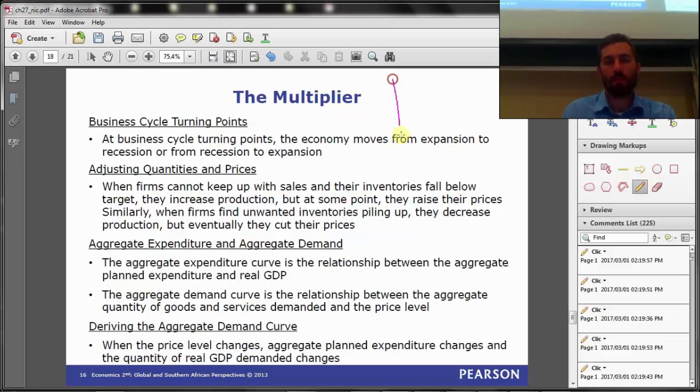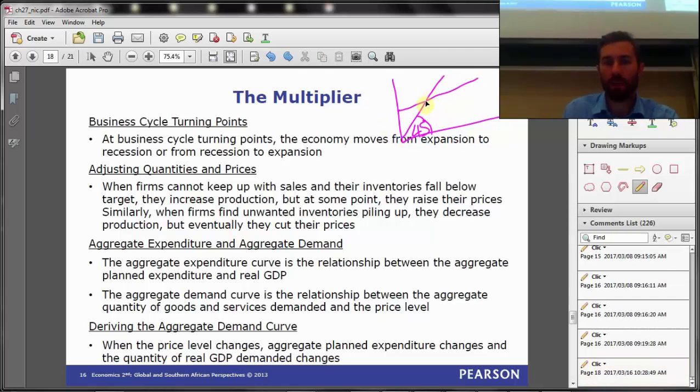So if this is our aggregate expenditure model with our 45-degree line, as I just mentioned, if we're anywhere to the left or anywhere to the right of this equilibrium point, we're essentially talking about business cycle dynamics. Okay? So this is output against aggregate expenditure.